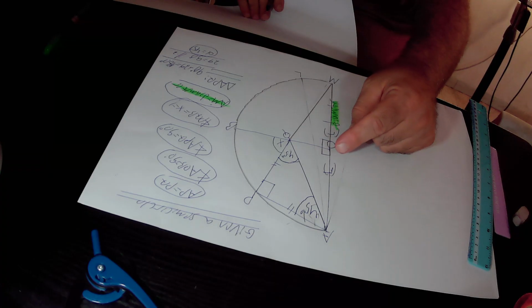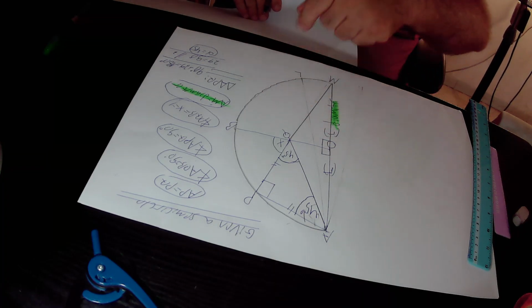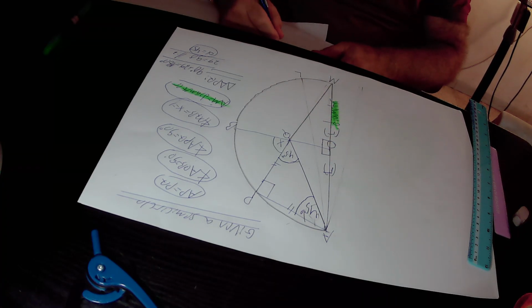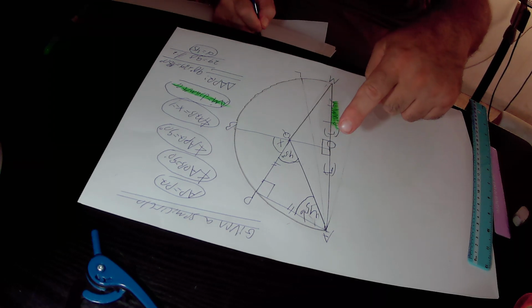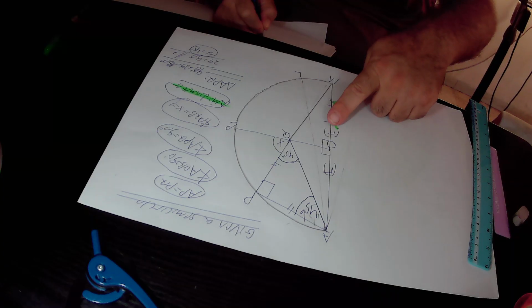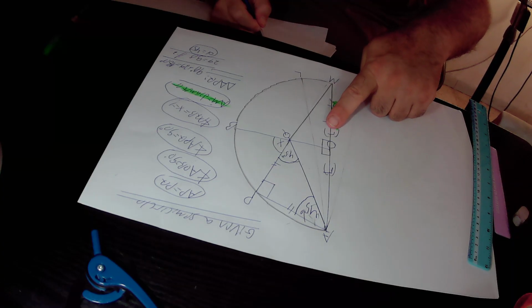So actually, this is angle AOQ in the right upper triangle AOQ, and it equals this angle, which is actually angle MOQ in the right lower triangle OQM.